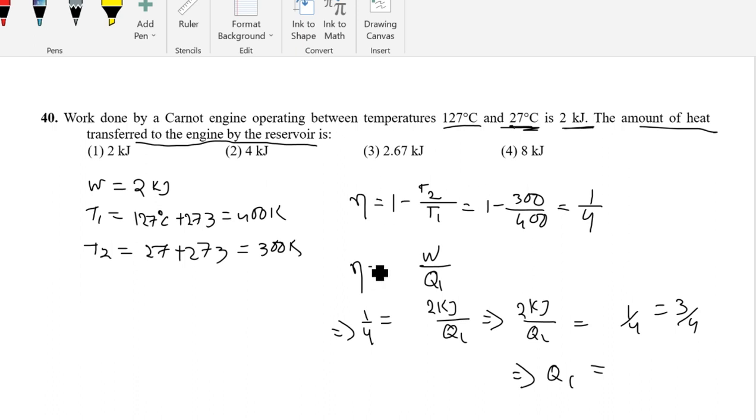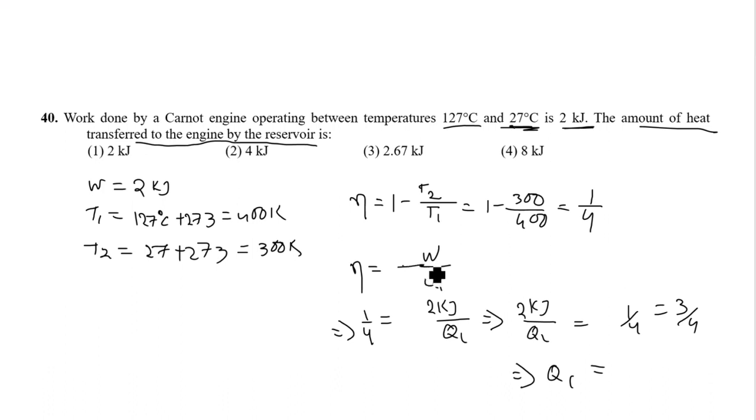Efficiency is work done by the heat transferred by the reservoir. Directly this, so we can solve, and it becomes 8 kilojoule. So I'll stop here.